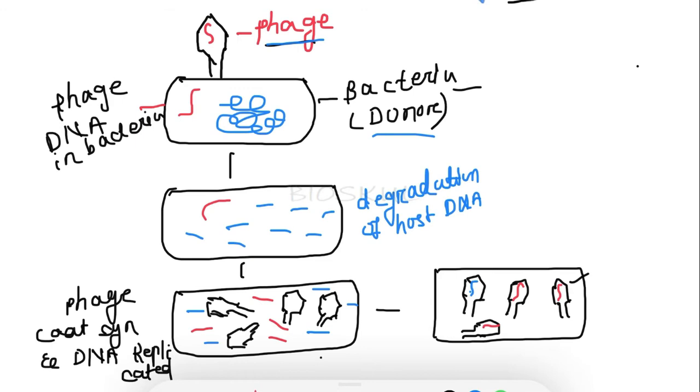The red one is the phage DNA and the blue one is the bacterial DNA. So some phage heads, not all, contain bacterial DNA instead of viral DNA.